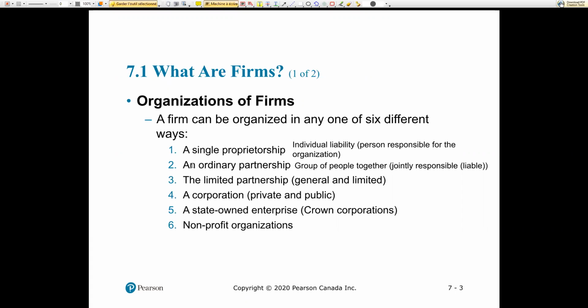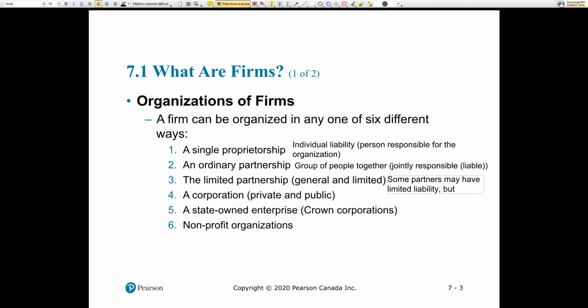Limited partnership, what's going on there? So there's general and limited. Some partners may have limited liability. So it means if the business goes belly up, I can't lose more than say $10,000, for instance.